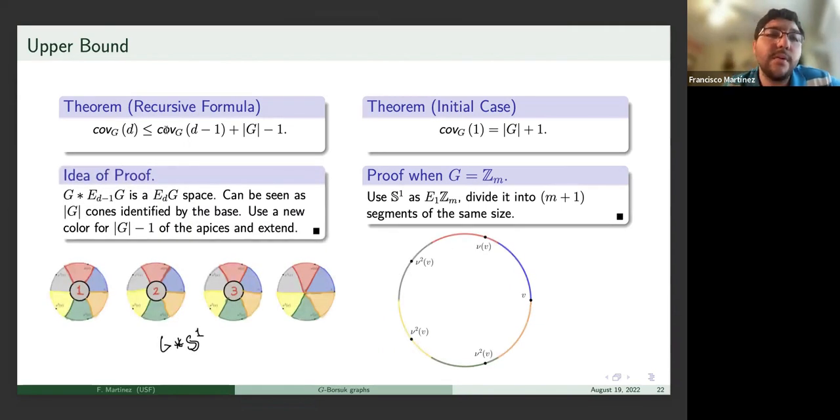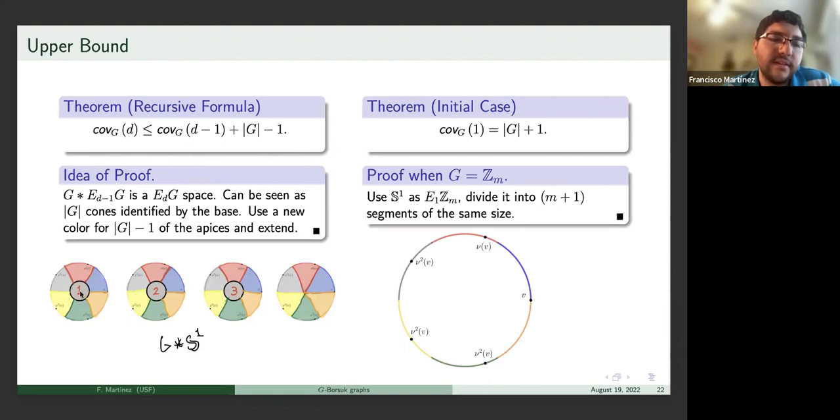For the recursive step, the d-dimensional G space is, by the construction that we gave, G simplicial joined with the d minus 1 dimensional G space. And this can be seen as G cones identified by the boundary. If we already had a cover of this boundary, the d minus 1 dimensional space, then we can basically extend that boundary to the center as long as we give the center a different color, G minus 1 times the size of G minus 1 times.